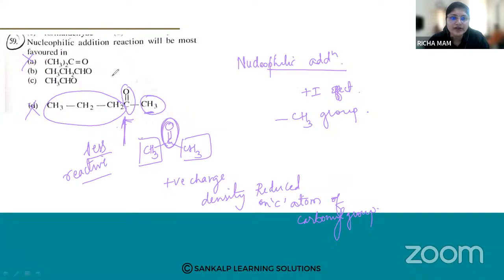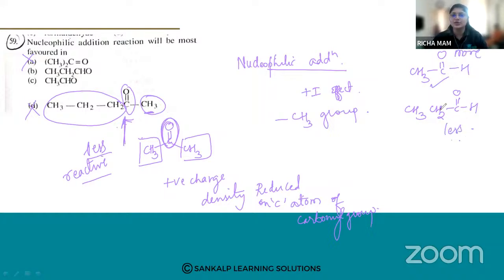Now there are two more: one is CH3CHO and another is CH3CH2CHO. If I consider these two, which is less substituted? Here the attack is possible, so it is more reactive as compared to this.